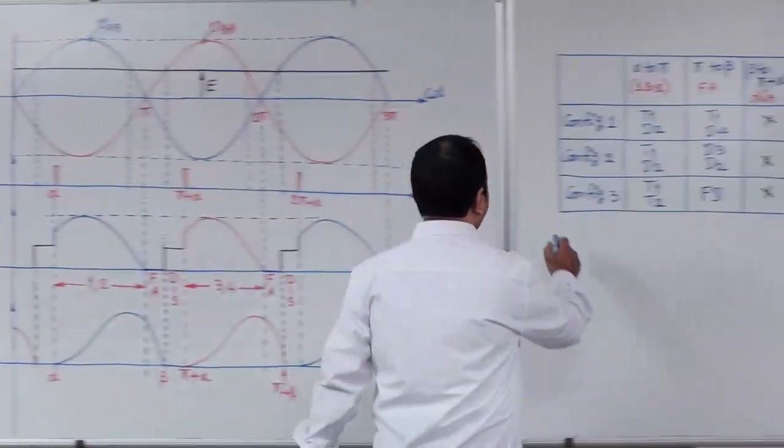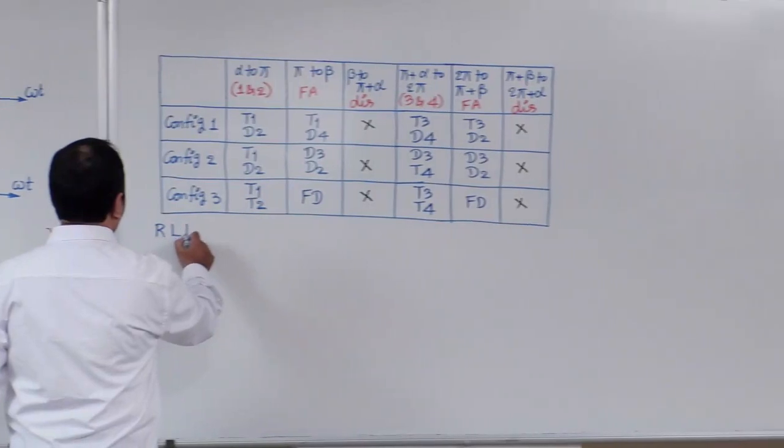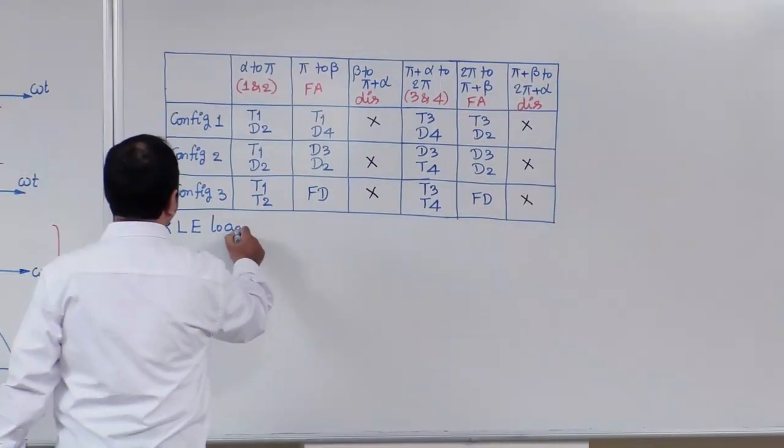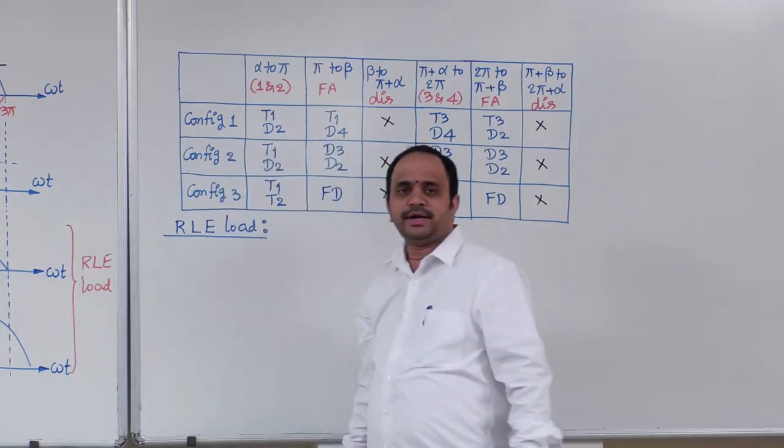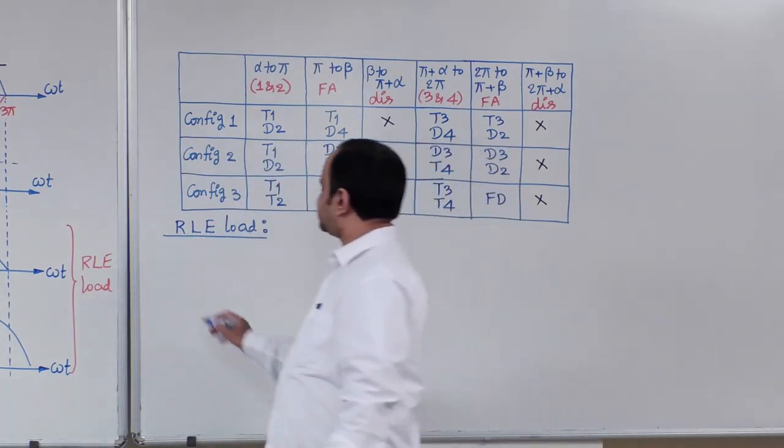For RLE load, what is the average output voltage?